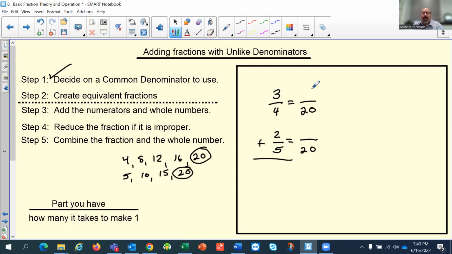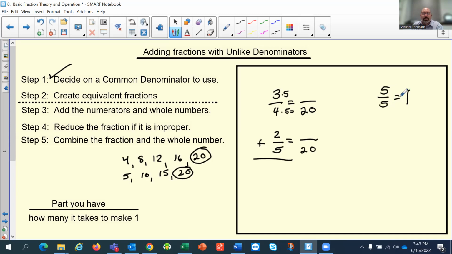Next step, we have to figure out what number up here is the same as 3/4. So what number out of 20 is the exact same value as 3/4? Well, the way to do that is to ask ourselves, how do we make a 4 into a 20 with multiplication? Well, 4 times 5 is 20. So because we don't want it to change, we're going to use the same number up top, because remember, 5 over 5 is equal to 1.